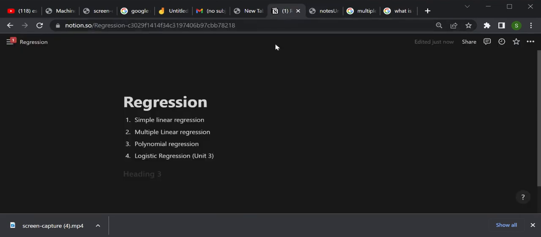Now we are going to take a revision here. So what is regression? Regression is a statistical method to find a dependent variable based on the independent variable: prediction of an output dependent variable based on an input independent variable.